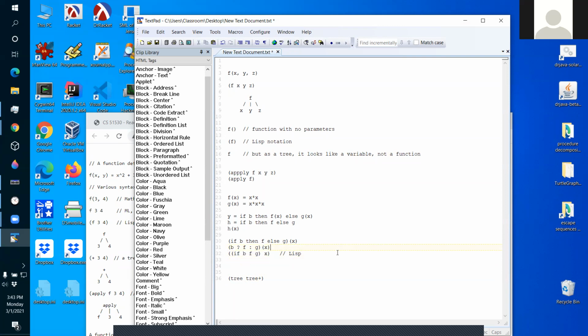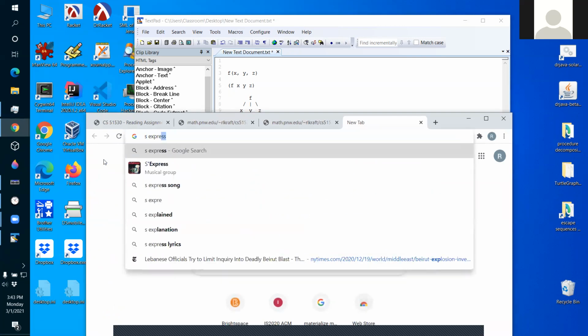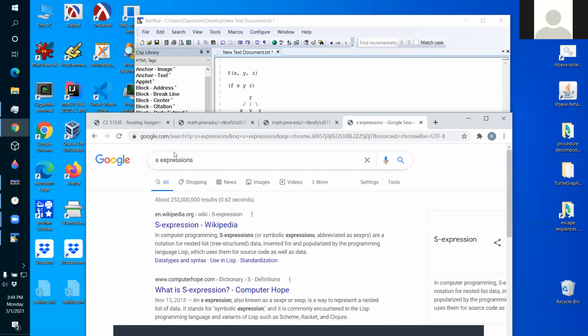That's called an S expression. This syntax has got a name. It's called an S expression. And Lisp is not a tree language. It's the language of S expressions. And you can look up S expressions. There's a Wikipedia page about them.